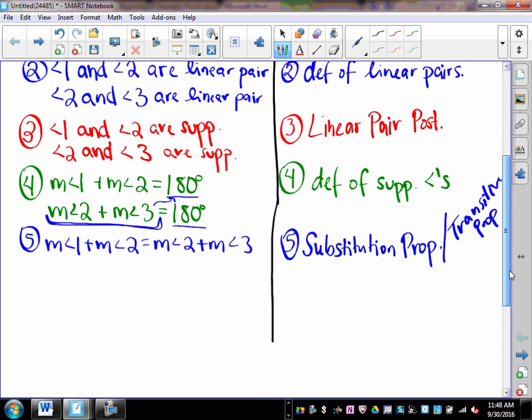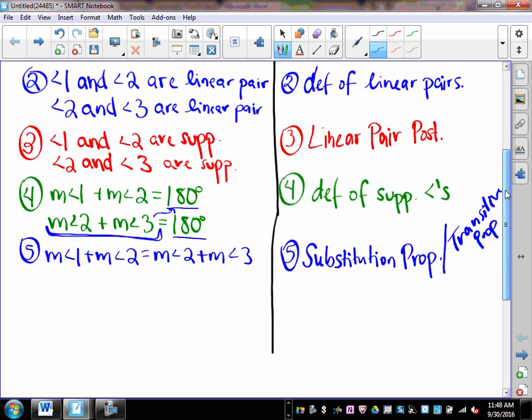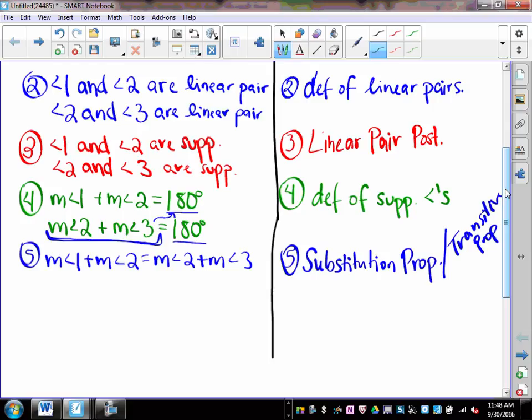Okay, we're getting closer. What do you think we do next? Subtraction. Good. Subtract the measure of angle 2 from both sides. That's my next step. Measure of angle 1 equals the measure of angle 3. Oh, and how did we do that?